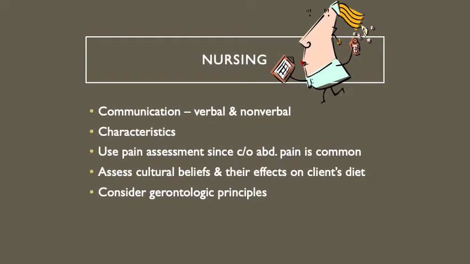But still, we want to get the client to talk about their feelings, what they're experiencing, and what they're thinking, because that is definitely therapeutic for your client, to talk about those things and what they're anticipating. And of course, you can share the information that if they're going to have a reanastomosis, they just need some time to heal and for things to get back to the situation prior to before they had this.